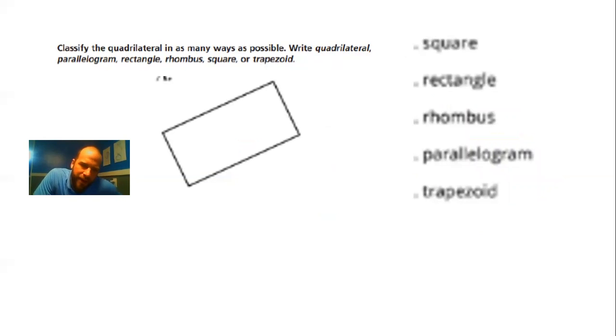What about this weird one right here? You have four 90-degree angles, and you wouldn't draw this normally. In math, when they're asking you to classify, they're going to show you these shapes. So it has four 90-degree angles, and it has two pairs of parallel lines.